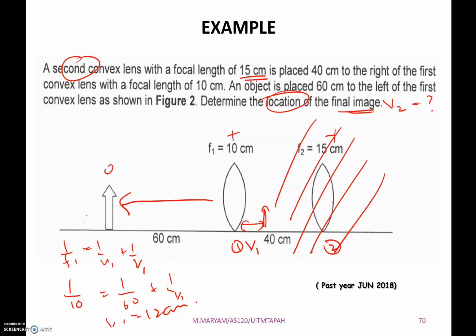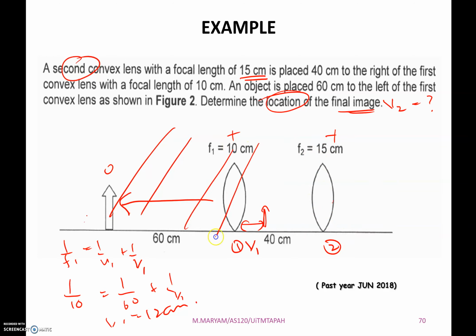So from here, I need to calculate the image of the second lens. Now I can ignore the first lens. This image just now, v1, will become my object. So since this is the object, this will be my u2. So u2 will be 40 centimeters minus 12 centimeters, and that will give me 28 centimeters.